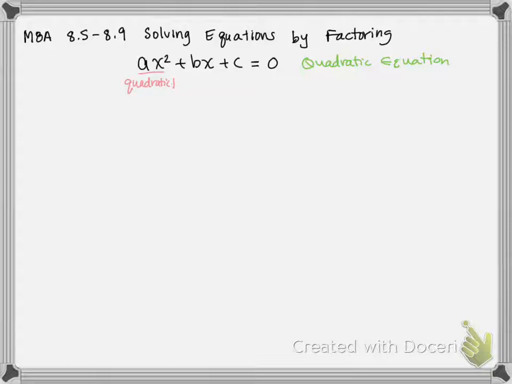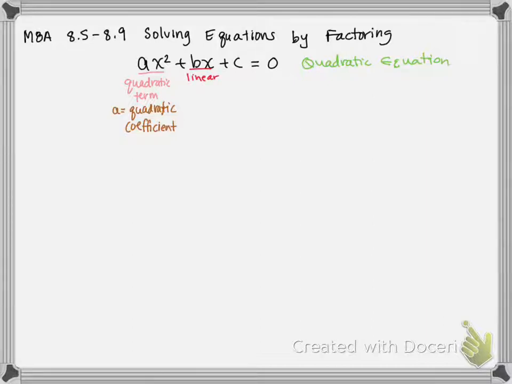Now we're going to call A the quadratic coefficient. And then we've got B, where x is the linear term.